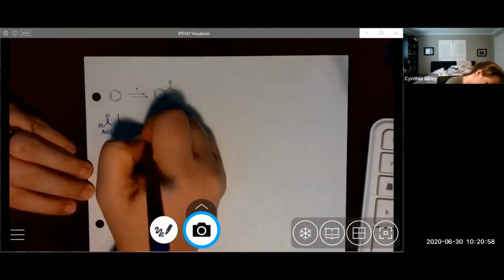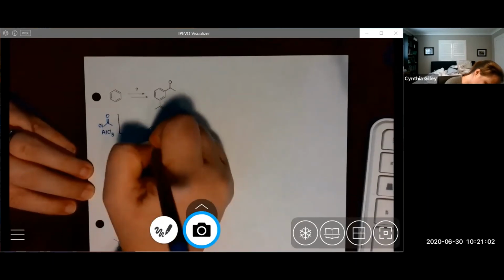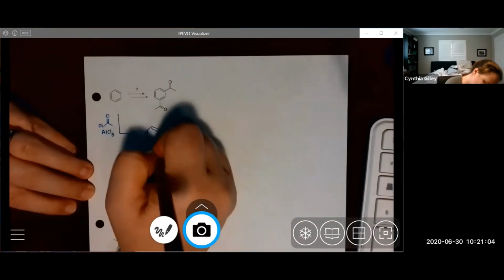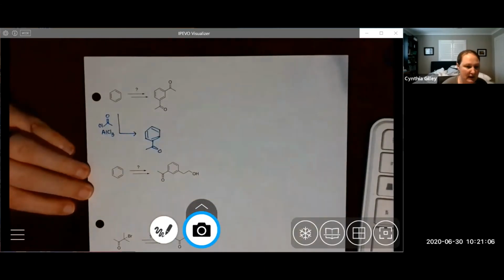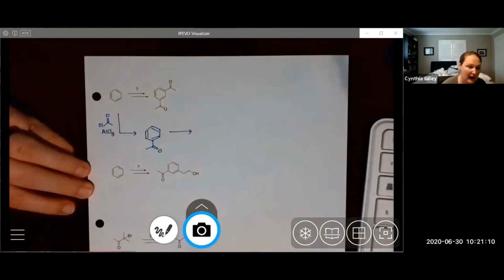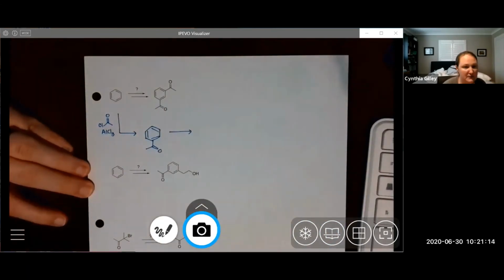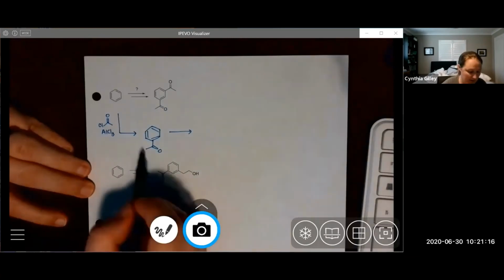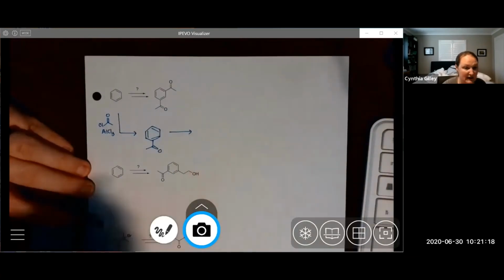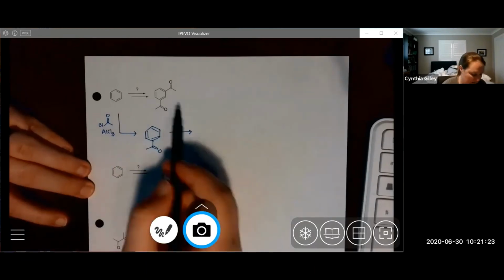Because as we mentioned before, which was a problem for our first synthesis, this is a meta-director. So in this case, that's advantageous. I cannot add a second one, because remember, I cannot do a Friedel-Crafts reaction on a moderately or strongly deactivated ring. So I won't be able to, unfortunately, add a second one for that same reaction.